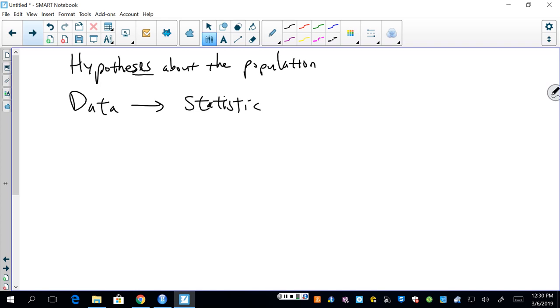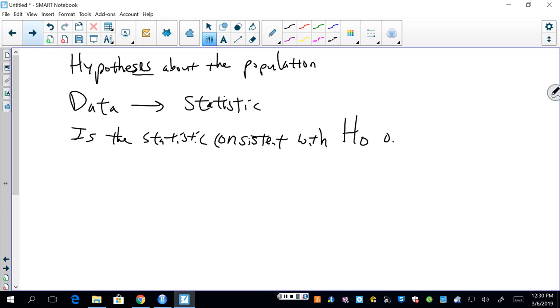And we're going to look, is our statistic value consistent with the null hypothesis, or more consistent with the alternative?